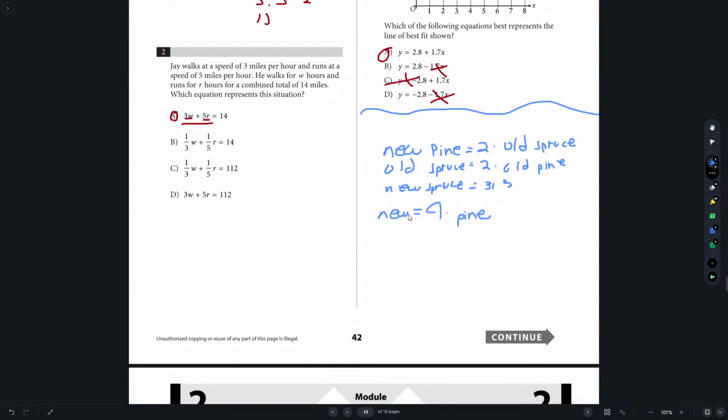Let's see. So the spruce is now 315 years old. So the pine is 2 times as old as the spruce was when the spruce was 2 times as old as the pine. The spruce is now 315. New pine is equal to 2 times old pine.